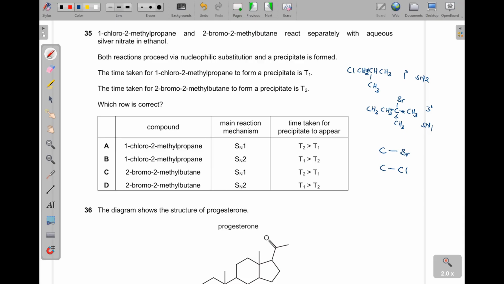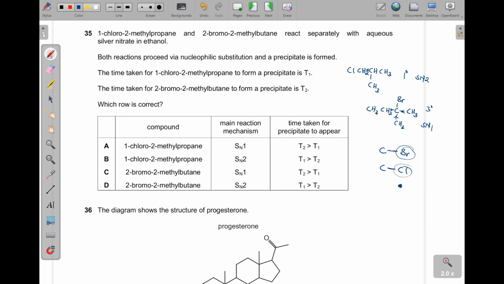Okay, so you can see that since chlorine is more electronegative compared to bromine and is smaller in size, this bond here is shorter than this one, because this one is bigger.